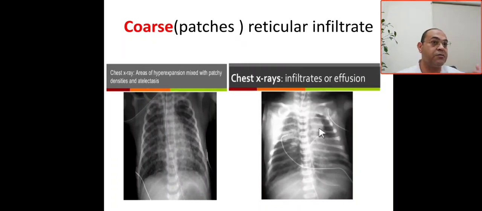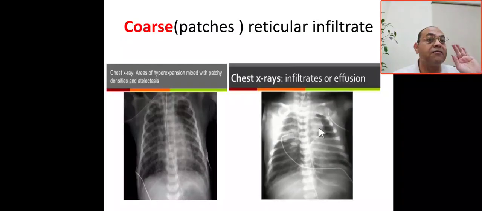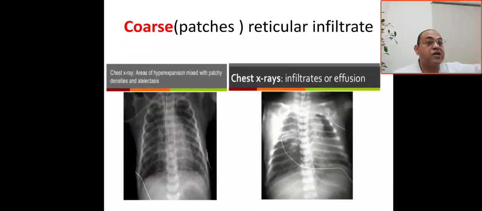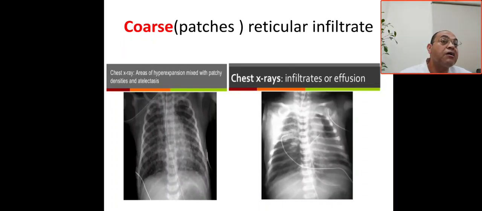As we know before, you have to comment on the lung field, volume, and fluid. The lung field is patchy, a coarse bilateral infiltrate or patchy infiltrates. The lung volume in meconium will show areas of hyperinflation and areas of atelectasis.